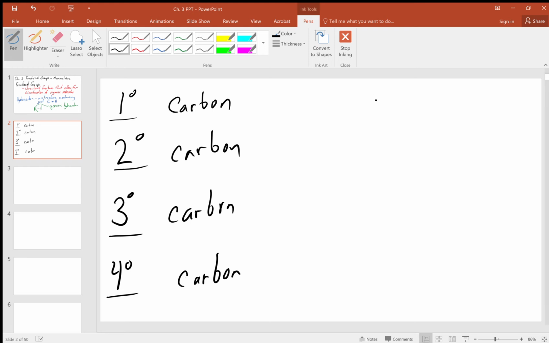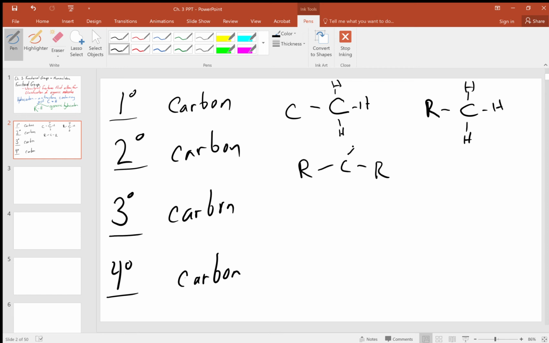So a primary carbon is a carbon that's bonded to 1 carbon and 3 hydrogens. Or we can show this with an R group. So R being some sort of hydrocarbon group, we have 1 of those and 3 hydrogens. If we have a secondary carbon, that's a carbon that's bonded to 2 hydrogens. And I'm going to designate this second group as R prime.